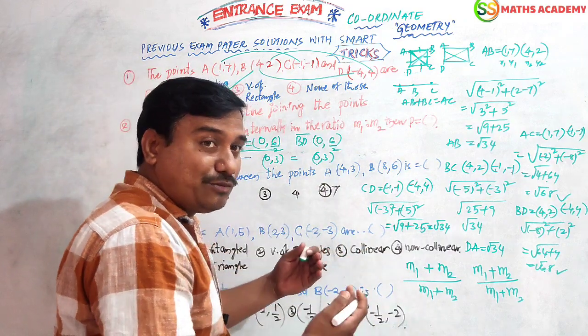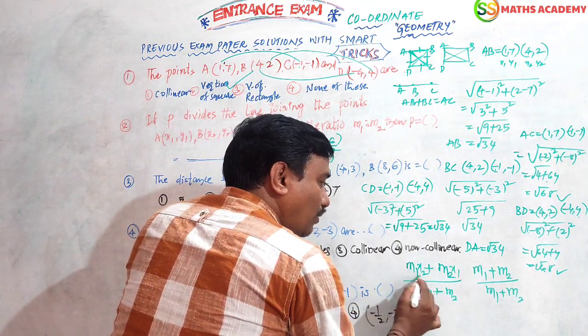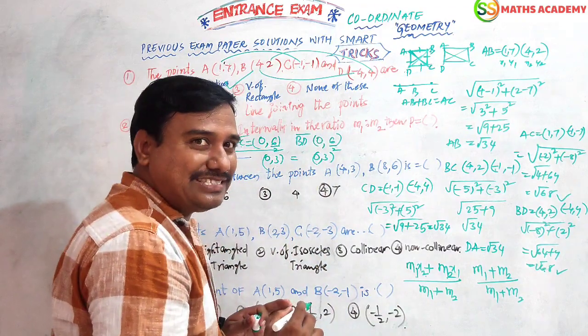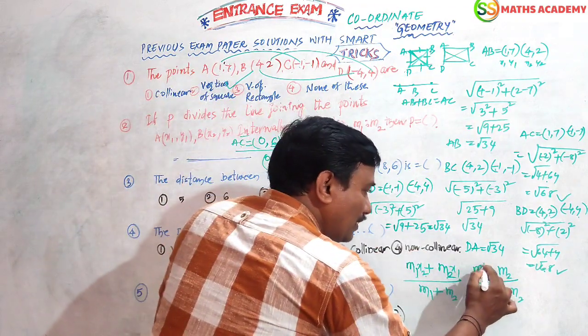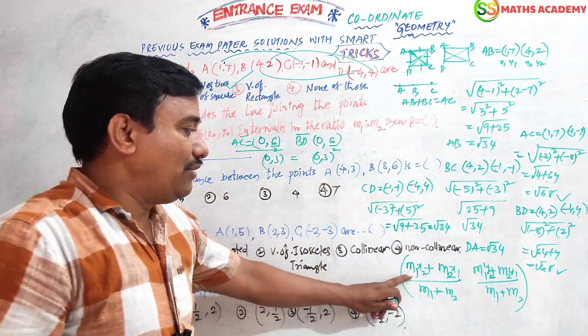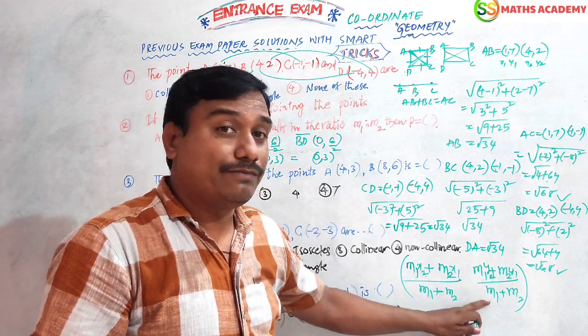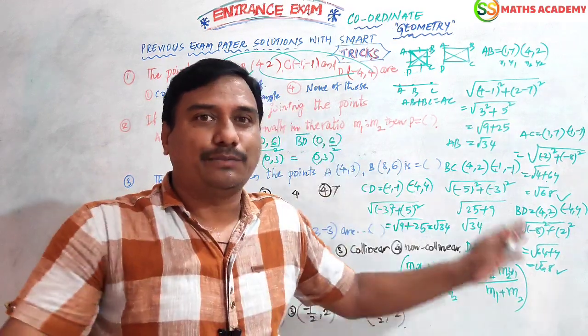So m1 + m2 in the denominator. Here I should apply x2 x1, and y2 y1. You see, magic. This is your answer: (m1 x2 + m2 x1)/(m1 + m2), (m1 y2 + m2 y1)/(m1 + m2). No need to confuse, no need to take any options.